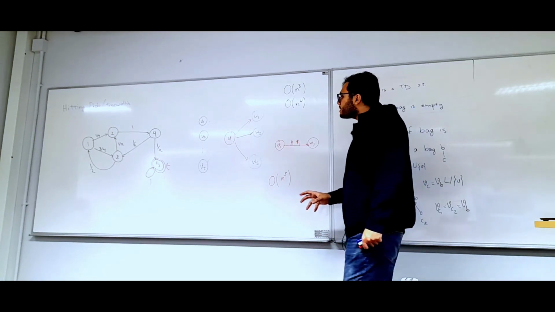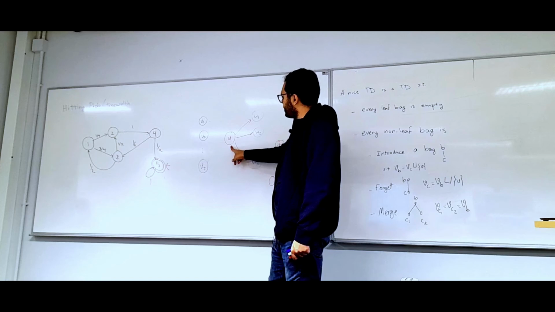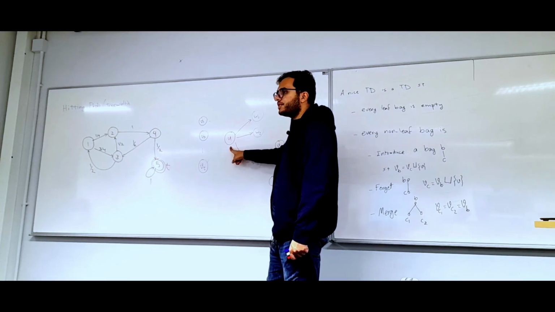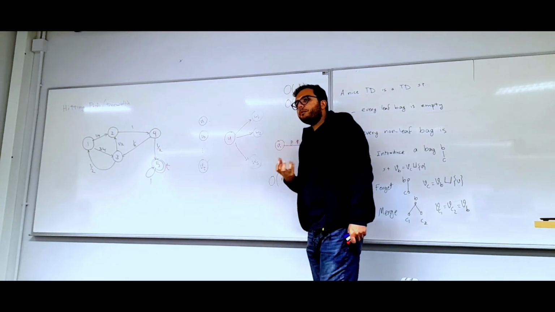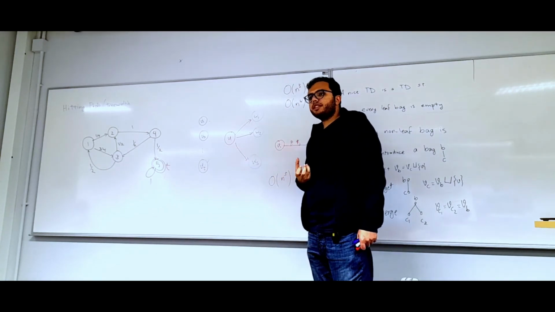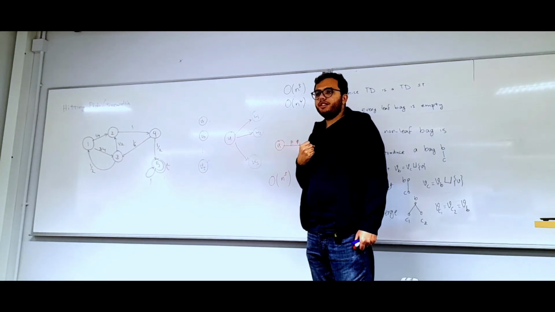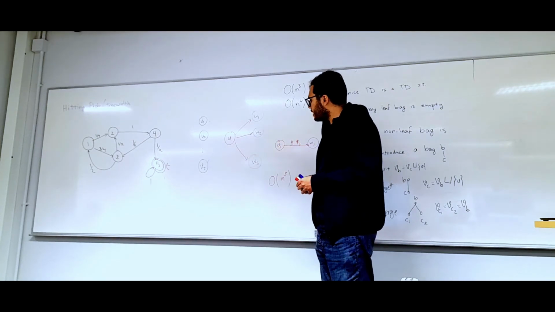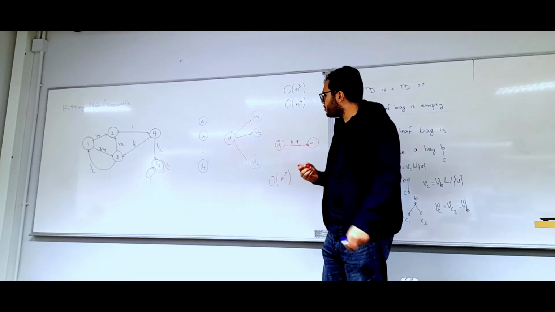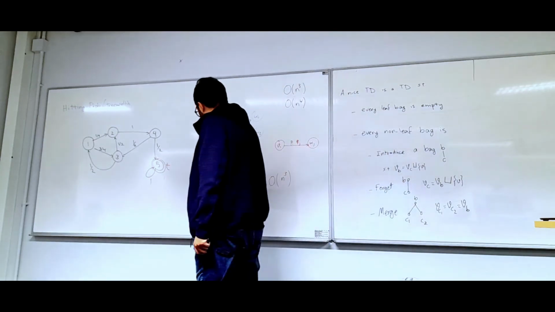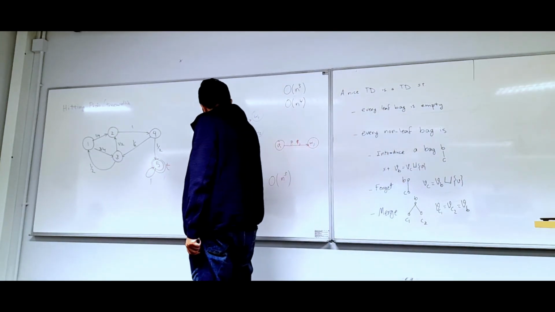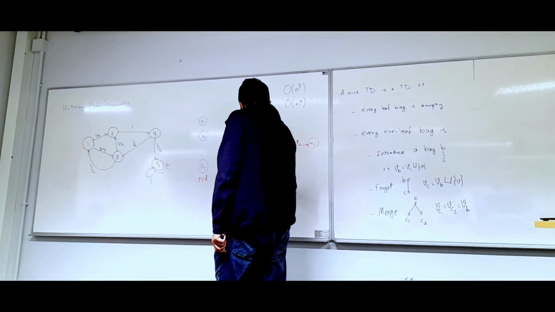But if I can somehow remove my vertices u in some order that ensures that whenever I'm removing a vertex, it has small degree, right? So let's say that I always know that t is at most some number d and s is also at most some number d.